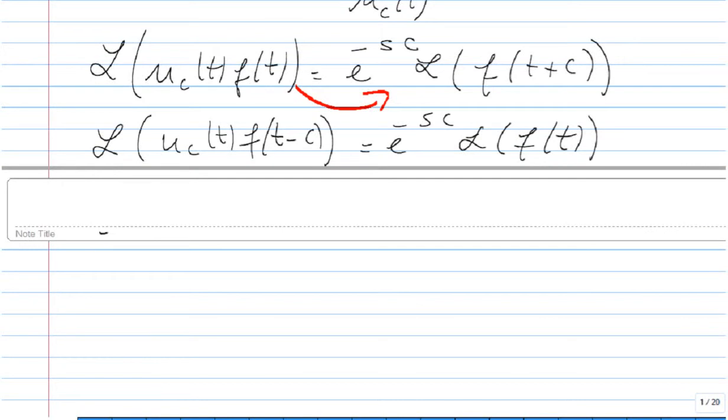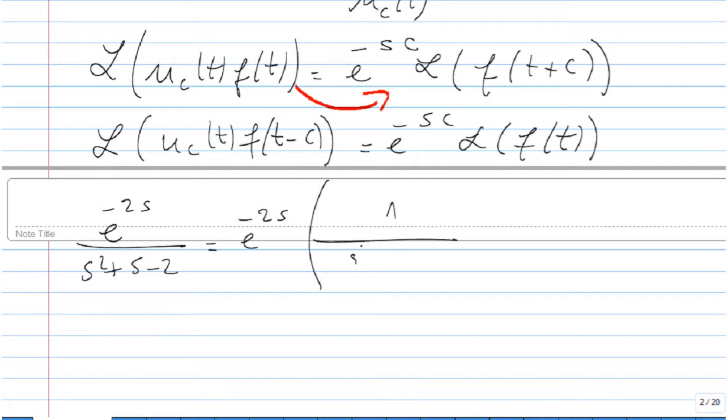So we have e^(-2s) over s^2 + s - 2. We leave e^(-2s) separate, and we focus our attention on 1 over s^2 + s - 2, and that is the Laplace of f(t). So I need to find the inverse Laplace of this.